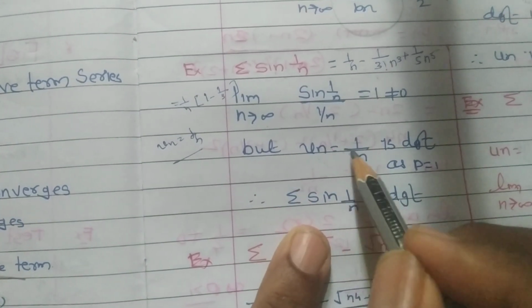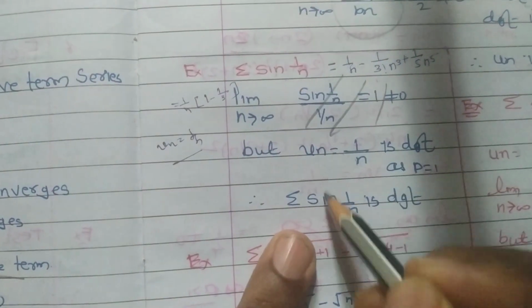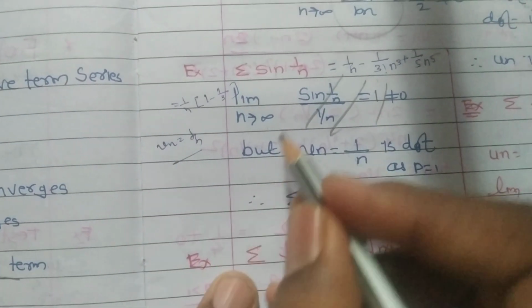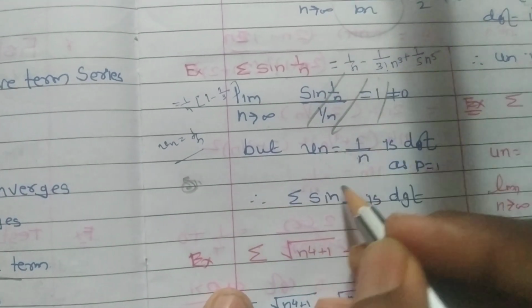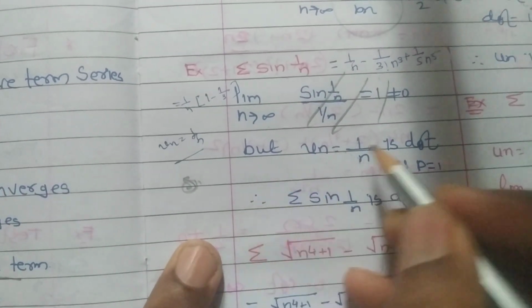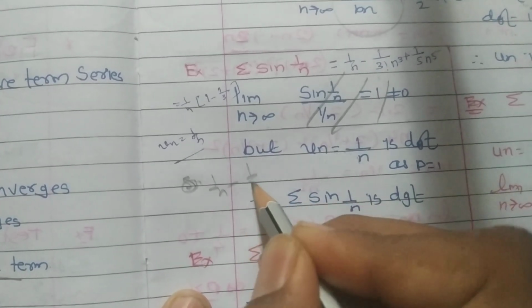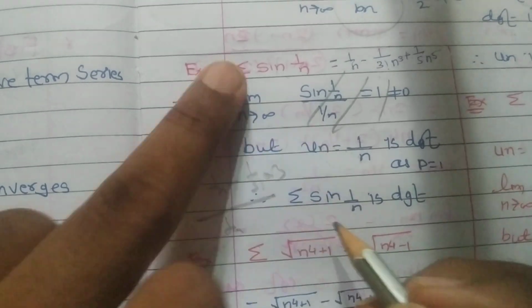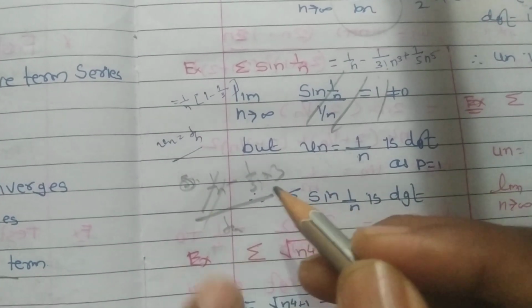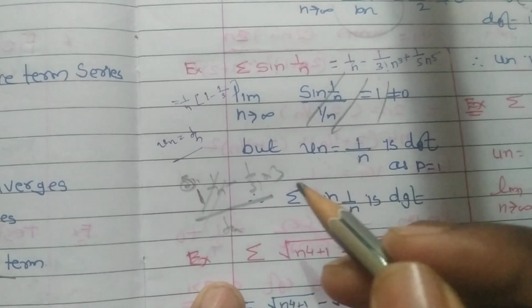In the numerator the n cancels, and therefore there is a 1.